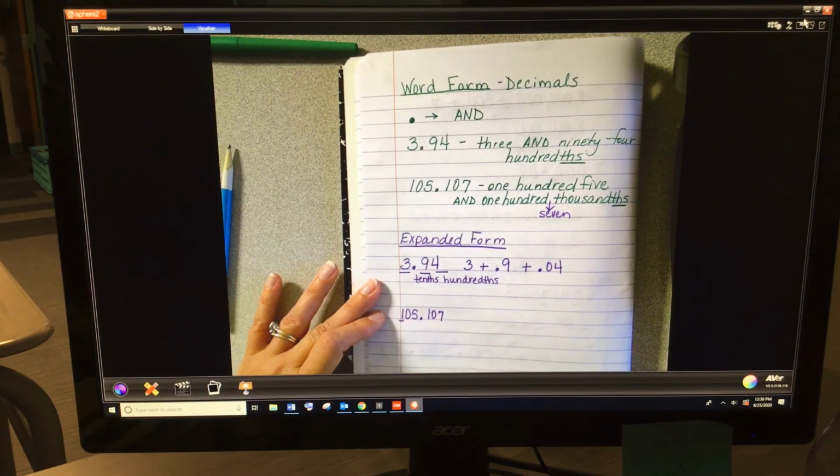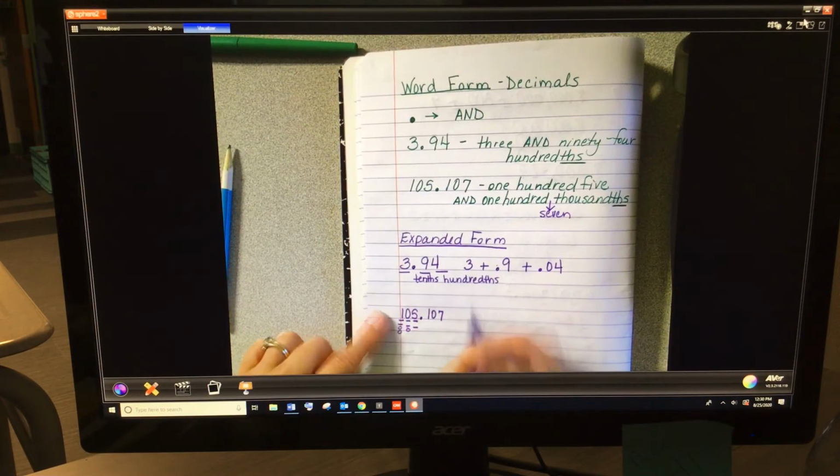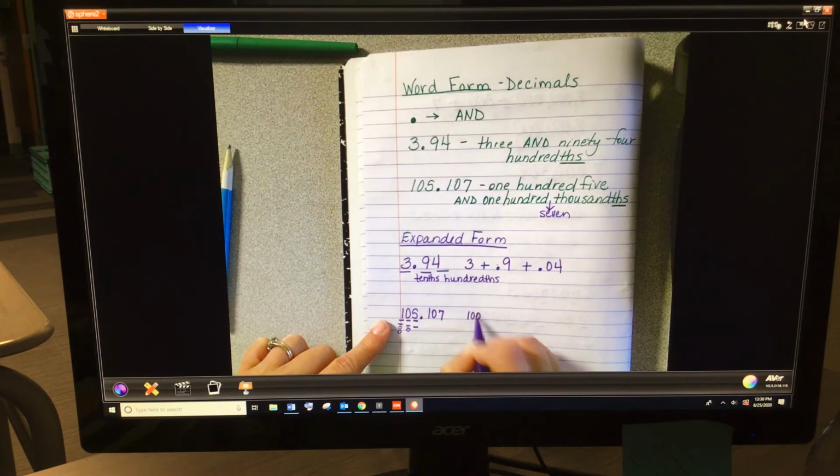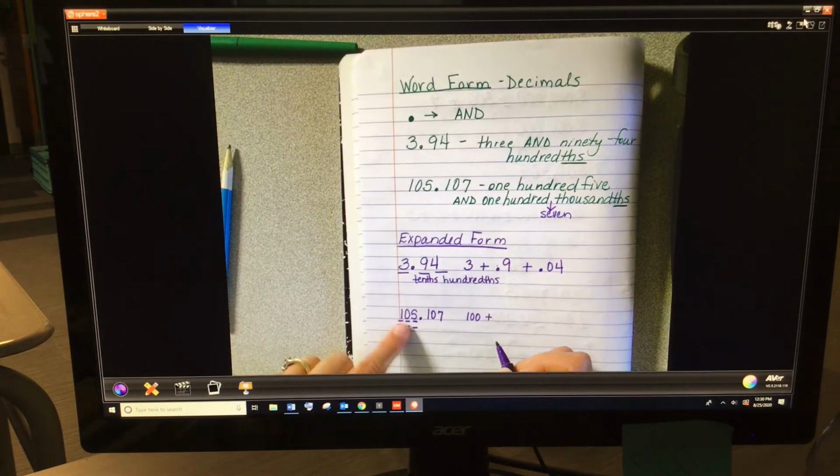Now, we need to think about place value. What place value is this one in? It's in the hundreds. What place value is the 0 in? It's in the tens. What place value is the 5 in? It's in the ones. So we have 1 hundred, so we have 100 plus, do we have any tens?